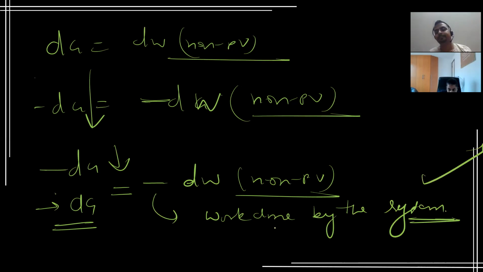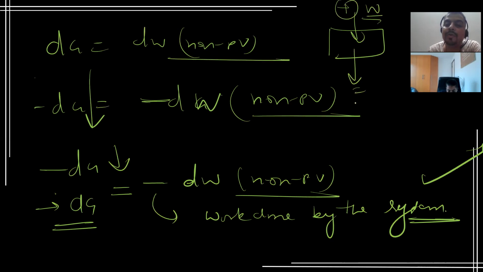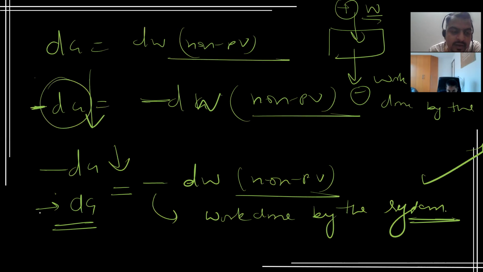Got it? Because I told you work done positive means work done on the system. Work done negative means work done by the system. So why is the system doing the work? Because of this minus value, because dG is getting decreased, so this energy is getting transferred into the system, and the system is doing the work.